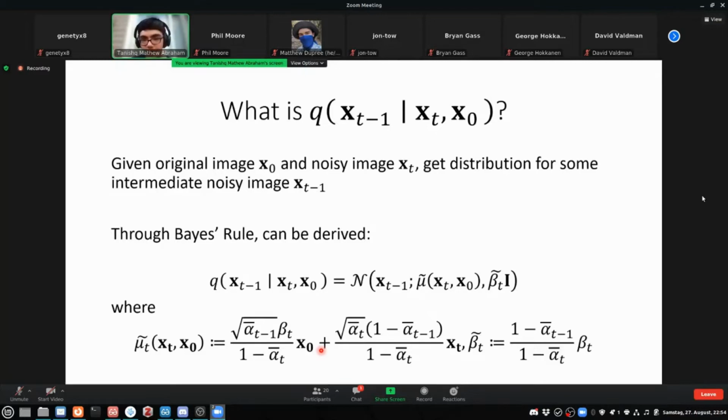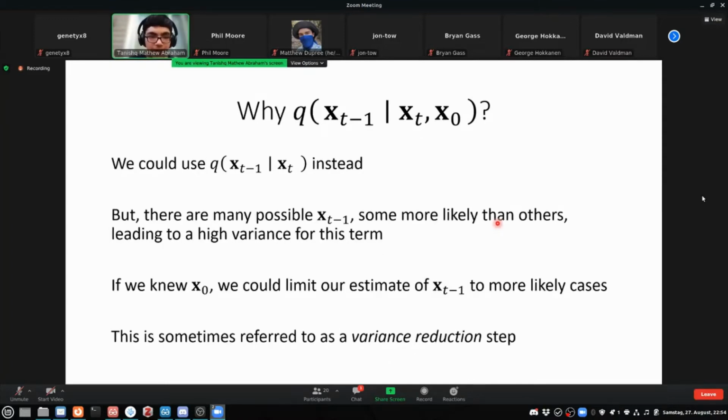Technically, we could get the distribution of x_{t-1} conditional on just x_t, but there are many possible values for x_{t-1}. If we knew our x0, we could limit our estimate of x_{t-1} to more likely cases. This is known as a variance reduction term, because we're kind of cheating.